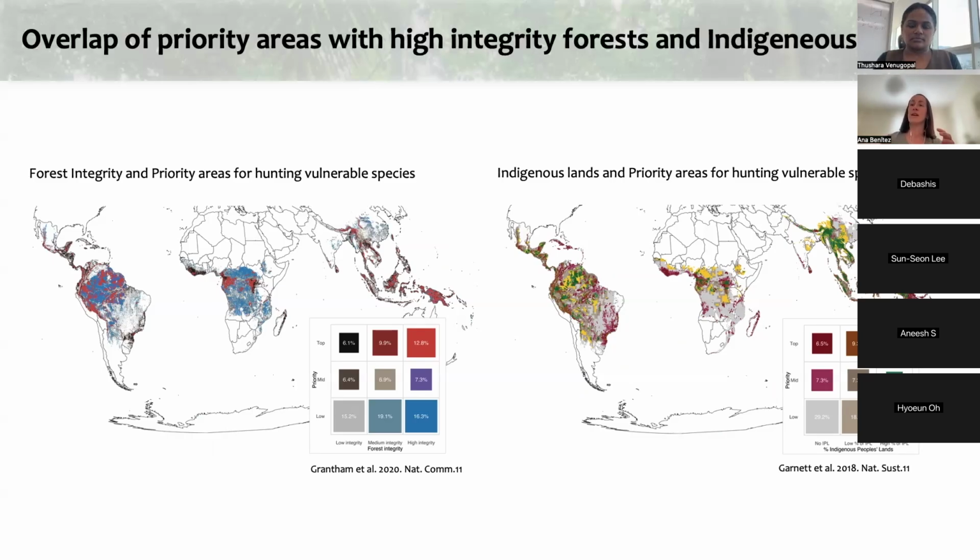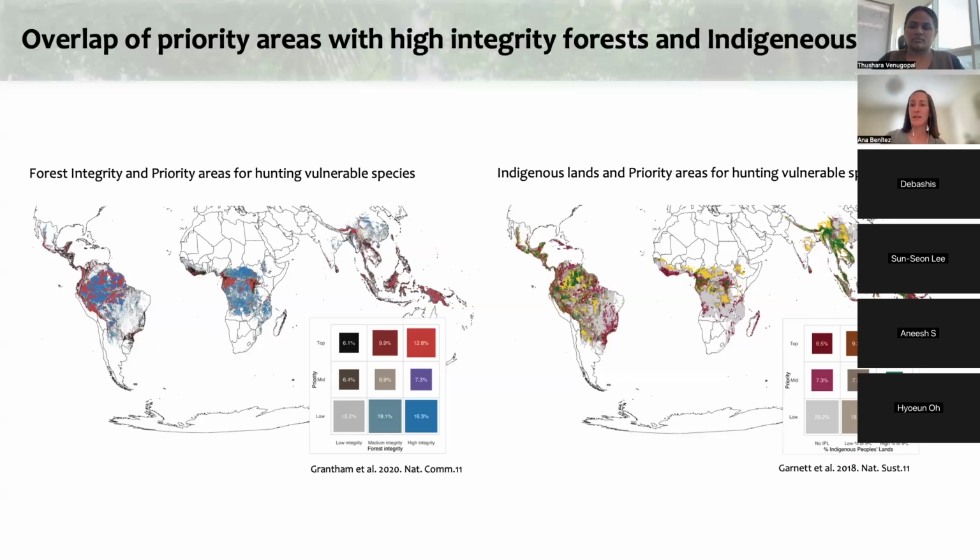But if we have an overlap between our priority areas and indigenous lands, the idea would be to focus conservation on community-based forest management and leave them be, and then have other areas, where maybe a smaller percentage of land is covered by indigenous territories, where we should prioritize other kinds of actions.